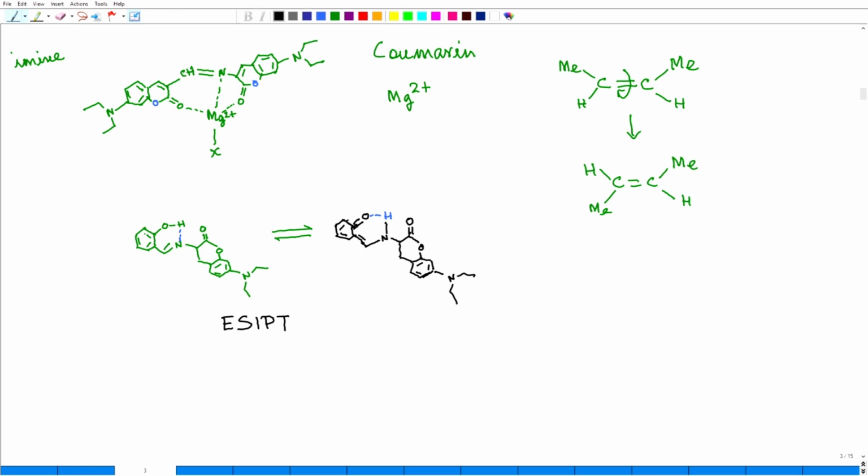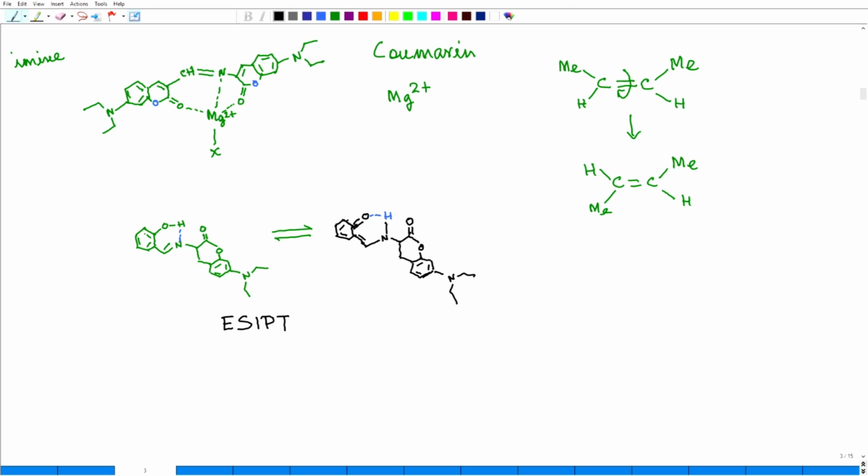ESIPT stands for excited state intramolecular proton transfer. So, at the excited state, this proton transfer takes place intramolecularly, and therefore, when I excite, no fluorescence. Now, I add zinc ion.